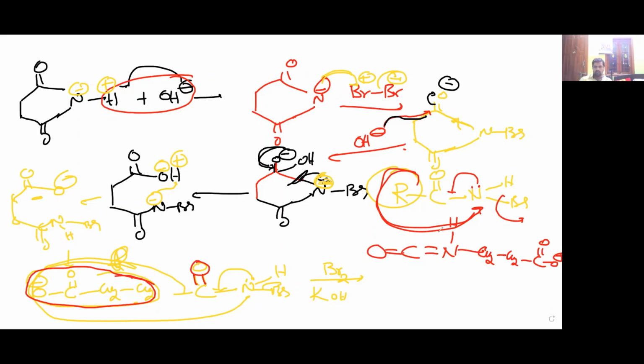Obviously, this is on hydrolysis. What will happen? The nitrogen with 4 bonds is unstable, so H plus is eliminated. Then you get the isocyanate formation. Hydrogens are added like this. Then this is our final product. So this is very easy, the application and mechanism of this one. Okay. So thank you, students.